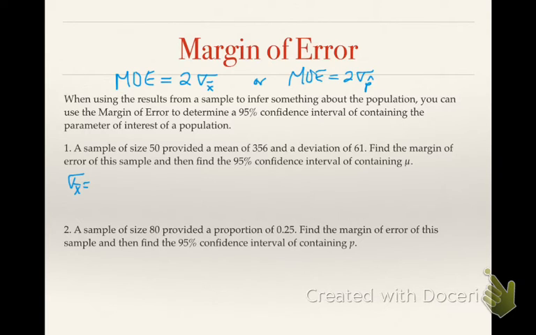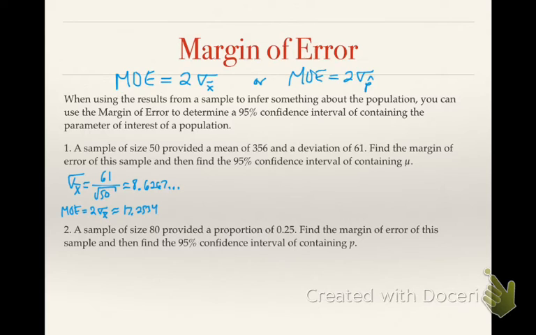And that's going to be found by taking the deviation of the sample, which is 61, divided by the square root of the sample size, which is 50. And that gives me roughly 8.6267, etc. So the margin of error is going to be 2 times that value. And that gives me roughly 17.2534.